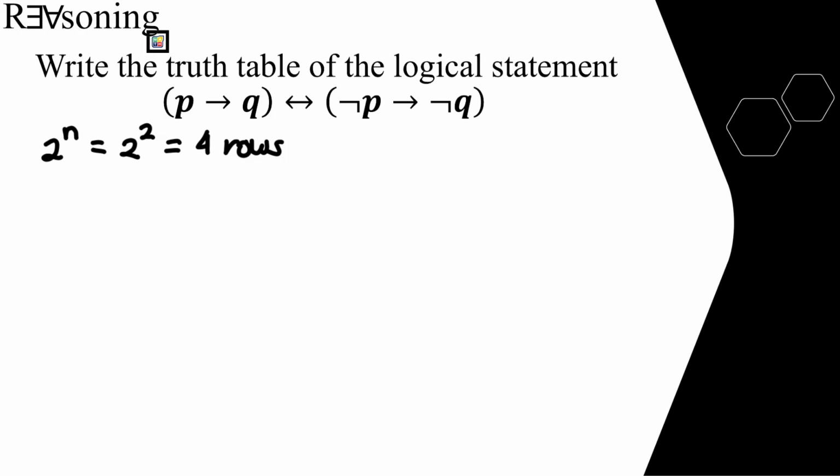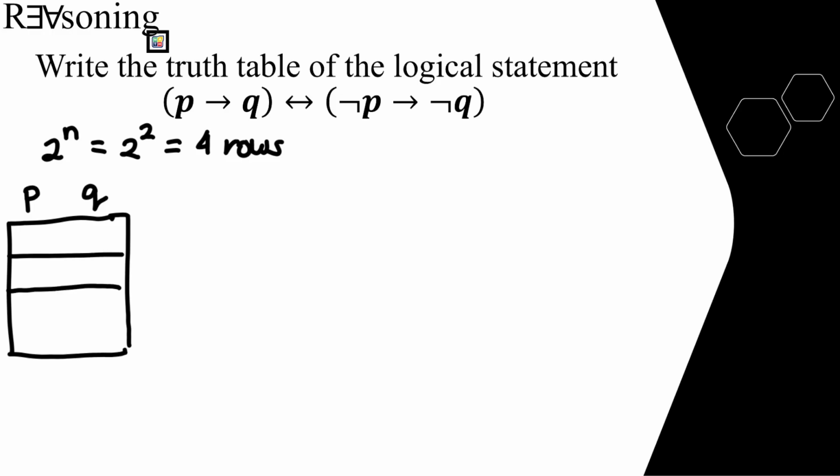Let's start with coming up with a column for P and Q. So we have 4 rows for each of the columns for both P and Q statements: 1, 2, 3, and 4. The header is not actually part of those 4 rows.